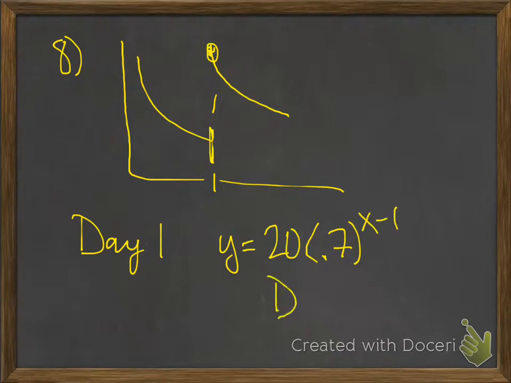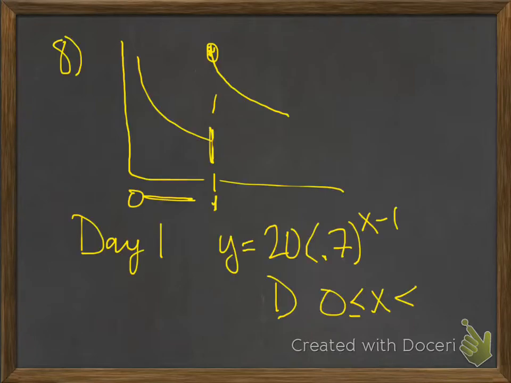What is the domain restriction here? From when to when? Notice we usually start at 0 and work our way from there.